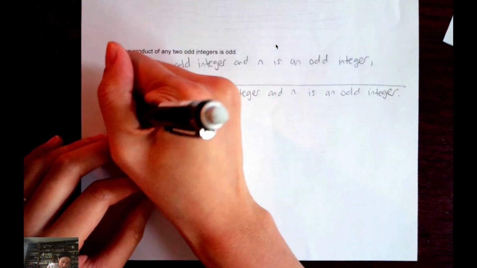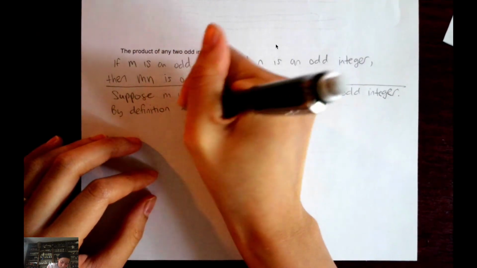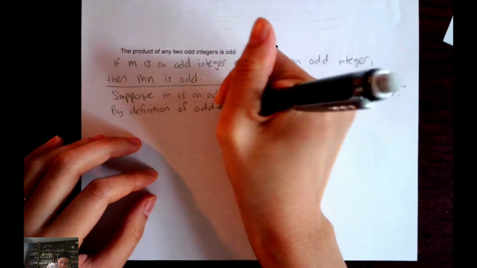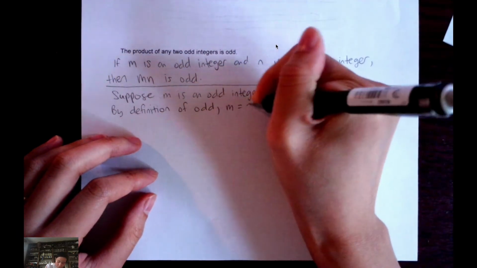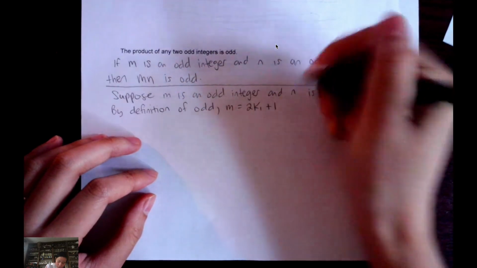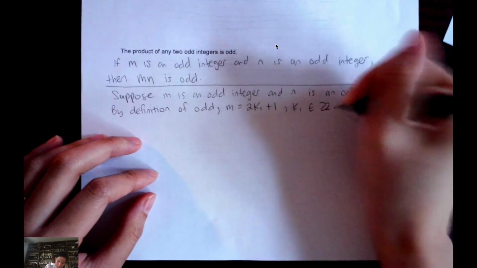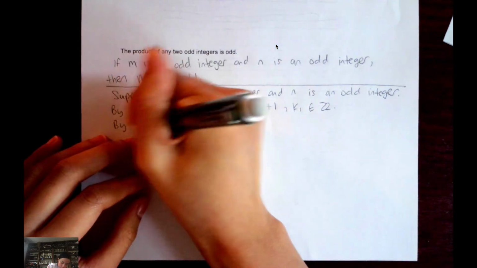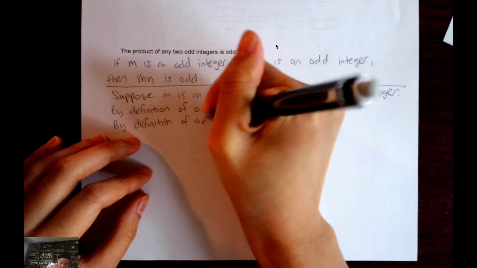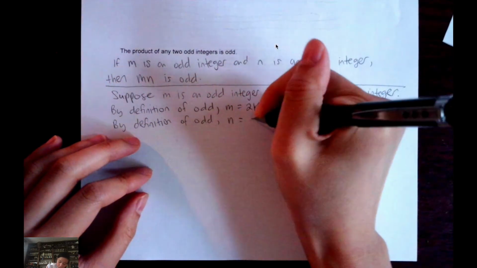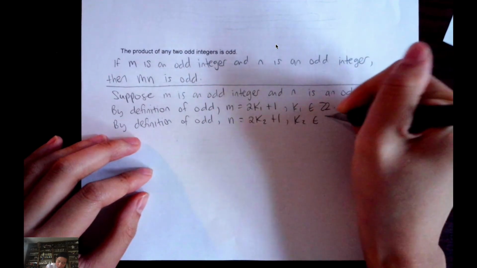So you could say, by definition of odd, m equals 2k1 plus 1, where k1 is an element of the set of integers. Again, by definition of odd, n equals 2k2 plus 1, where k2 is an element of the set of integers.